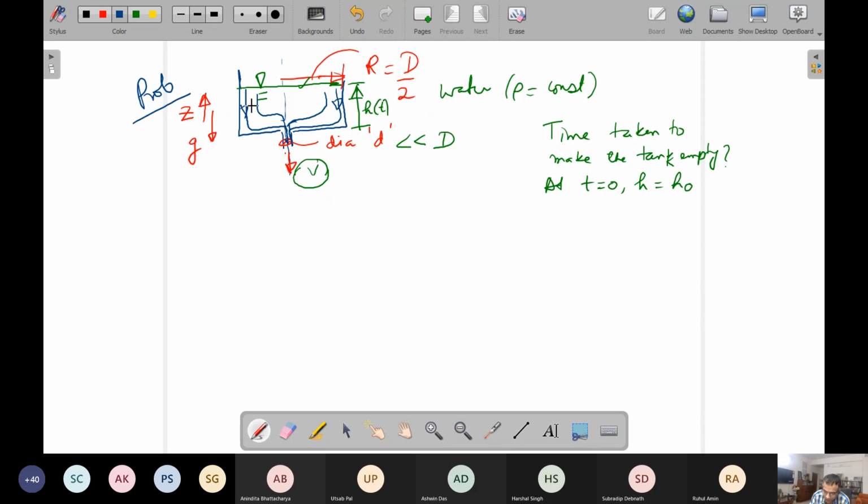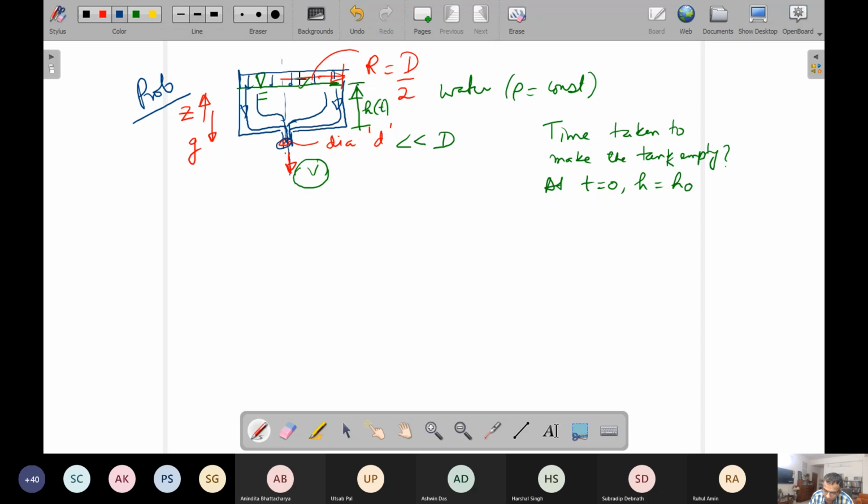So in that way, streamlines are mostly along the z-axis, but just before the exit of the water, the streamlines have to adjust to it, and therefore they have to take a bend or the curvature. Otherwise, it's more or less straight. So now, if the streamlines are straight and parallel, you will have a uniform velocity here, and this is so small, you can as well neglect the variation of velocity over the diameter.